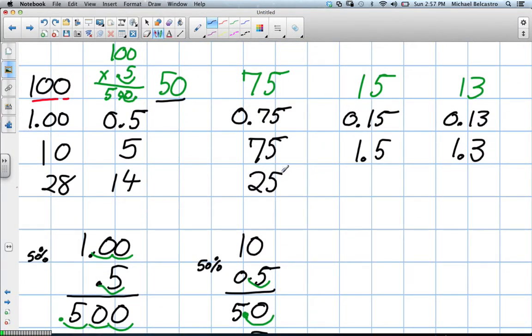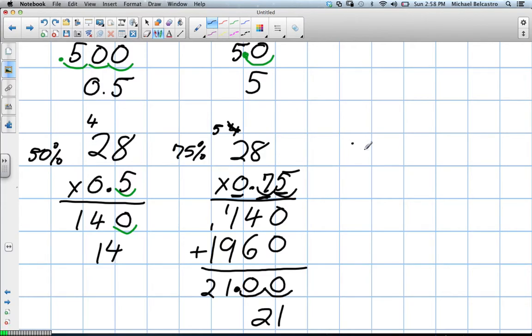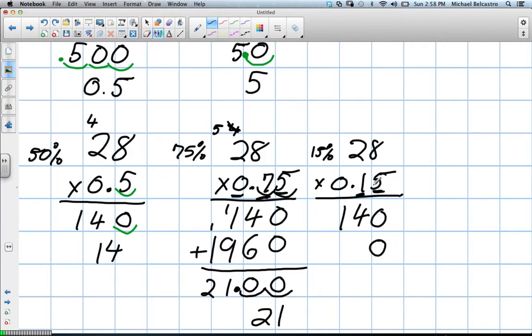Now let's find 15% and 13%, like old tax and new tax, we'll call it. So 28 times, what's 15% as a decimal? 0.15. We're multiplying. 5 times 8, we already know what this is going to be, 140. We've done it a couple times. So we've done the 5, and then times 1, we have to put the 0 down. 8 and 2, good.